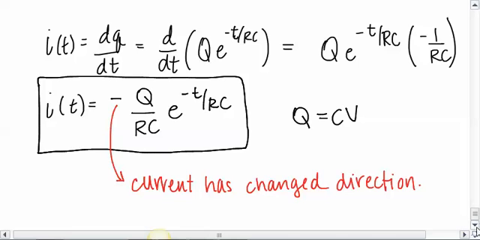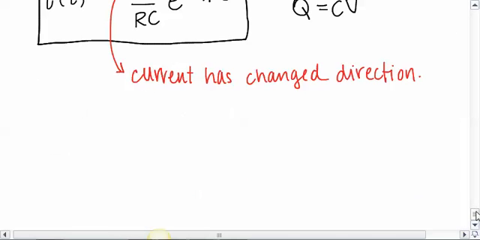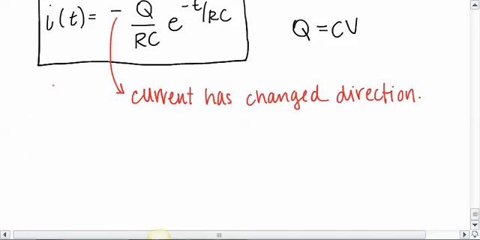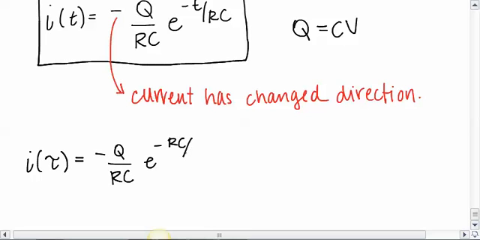Now let's look at the graph and let's look at what happens at the time constant. So if we look at the current at tau, which is RC, that would be negative Q over RC, e to the negative RC over RC, which would be what, negative Q over RC times 0.36, right, e to the negative 1.